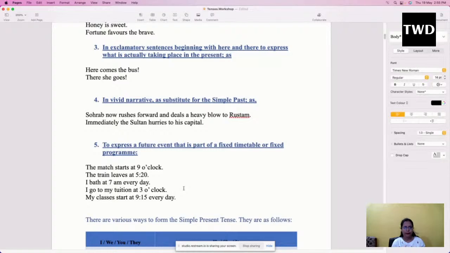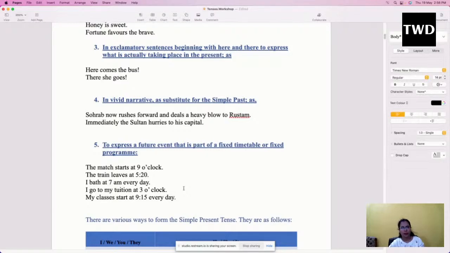Then try to think about all the actions which begin at a fixed timetable, maybe some kind of serial you are watching like a soap, some kind of classes you are attending, or so many kinds of things that have a fixed timetable. Please try to think about it and then write and also talk about it.